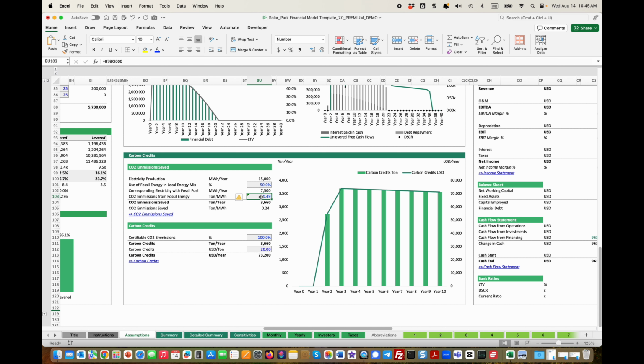How much carbon emission does that generate? And if you replace the generation of electricity the traditional way, how much CO2 emission could we save? And these CO2 emissions are now subject to certification. How much of those can be certified? What's then also the carbon credit per ton we can obtain from that?